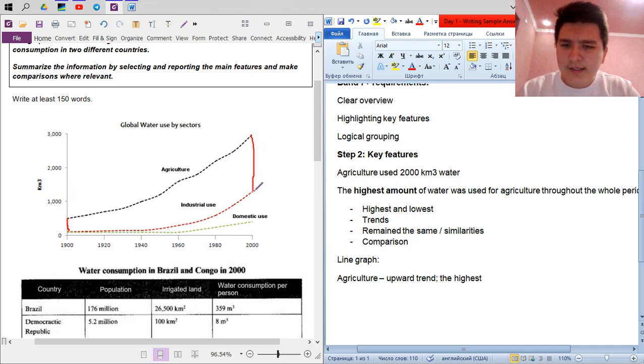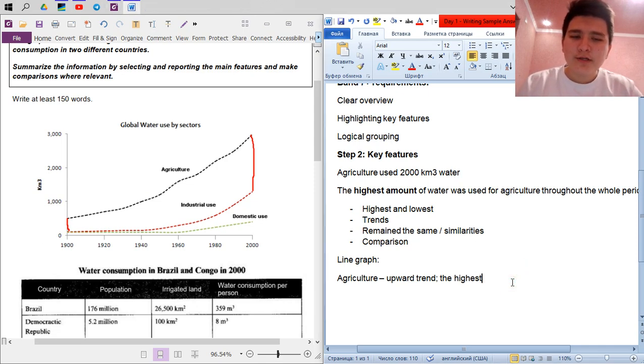Now I think this is like 1,000, and this is probably close to, yes, as you can see, the gap increased as well, right? As agriculture and other points increase. So we could say that agriculture saw a significant increase, right? Its increase is significant because now there is a 2,000 point difference. How about industrial use?